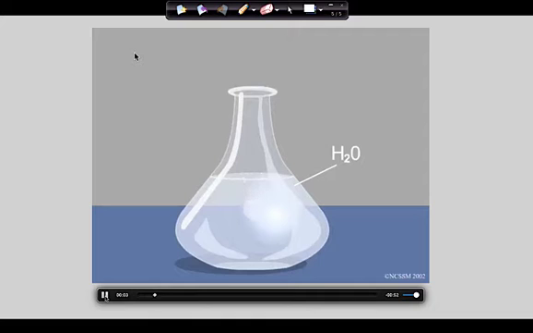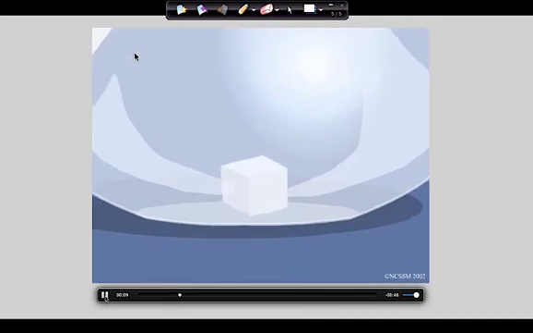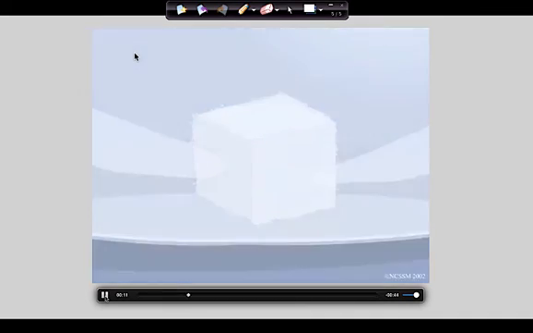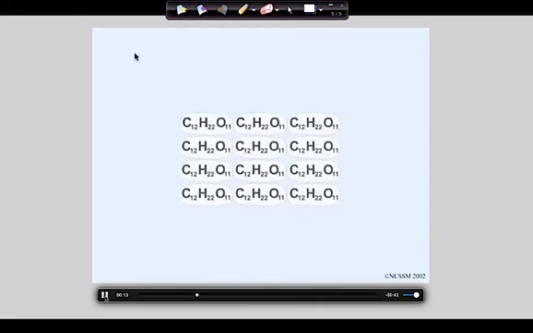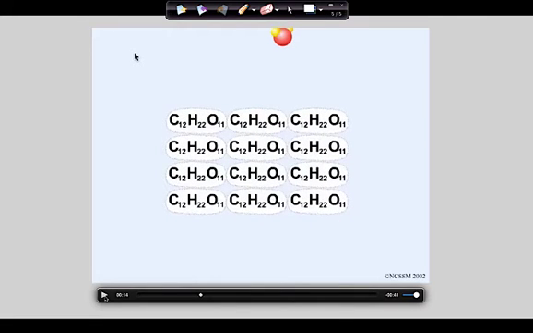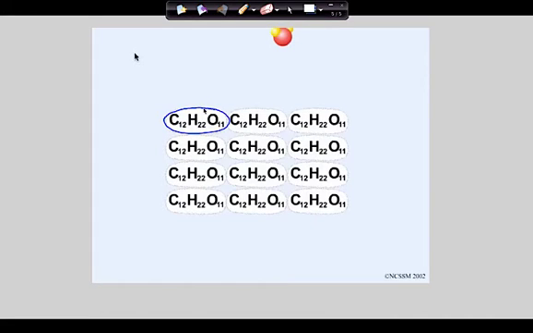As sugar goes into water, the difference is this. Now, instead of having positive sodiums and negative chlorines, what we actually have here are big organic molecules.